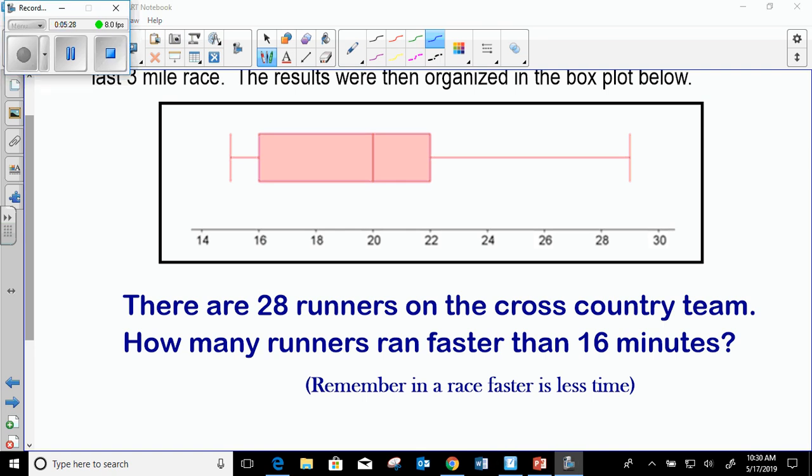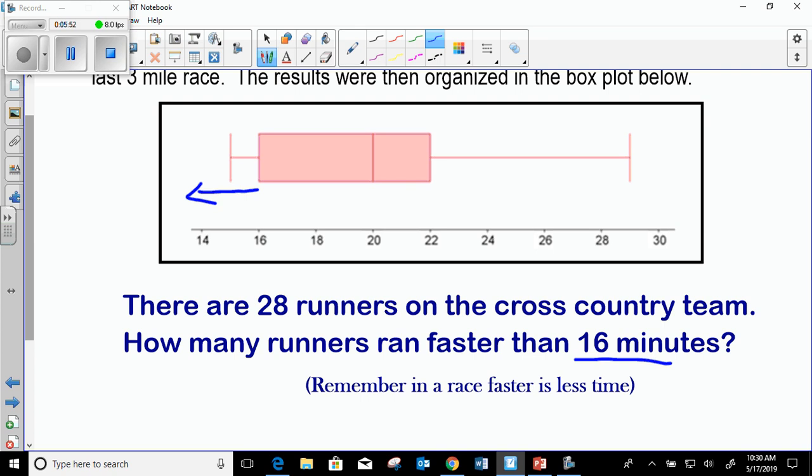So this problem is a little tricky because running faster means that you have a lower time. So this could be very tricky looking at it. What we're looking at here is there are 28 runners on the team who ran faster than 16 minutes. Well, 16 minutes is from here, not going forward.